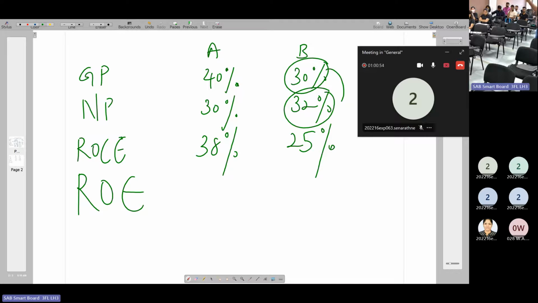Reason: the profit before interest and tax is higher in A company. So A company is the better one, its loans are clean. B.